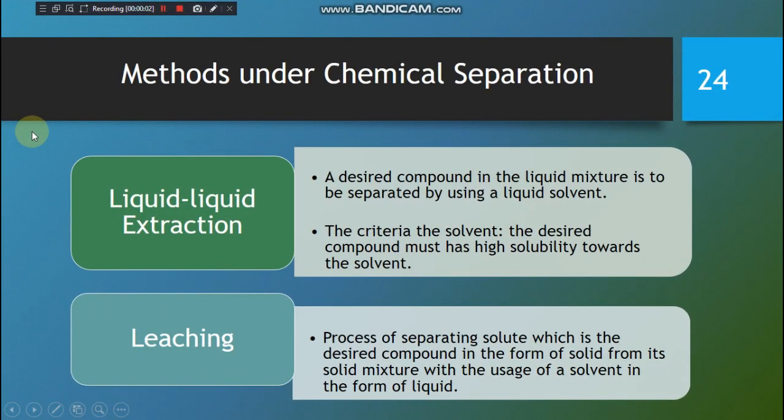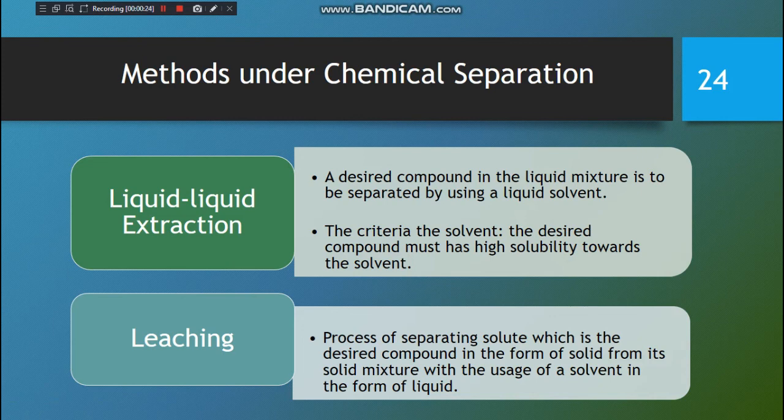Okay, so the next method under chemical separation is liquid-liquid extraction. Liquid-liquid extraction is where a desired compound in a liquid mixture is separated by using a liquid solvent. The criterion for the solvent is that the desired compound must have high solubility in the solvent.